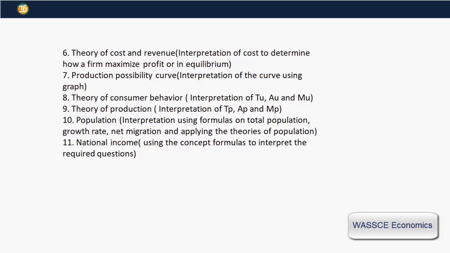Theory of production, interpretation of total product, average product and marginal product. 10. Population, interpretation using formulas on total population, growth rates, net migration, and applying the theories of population. 11. National income, using the concept formulas to interpret the required question.